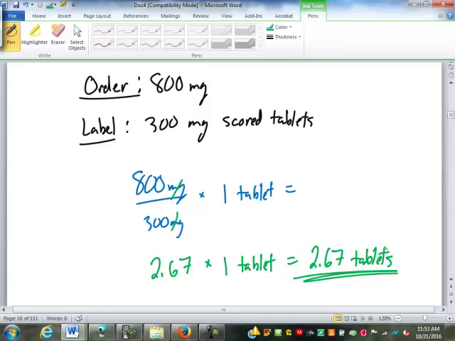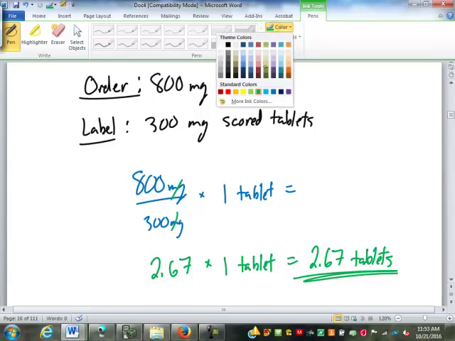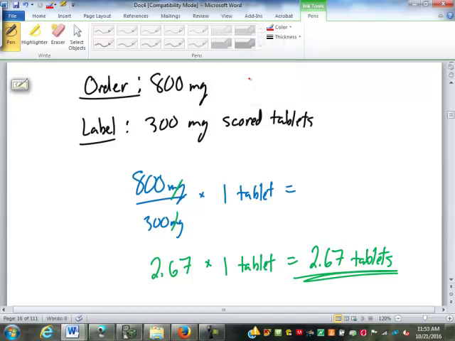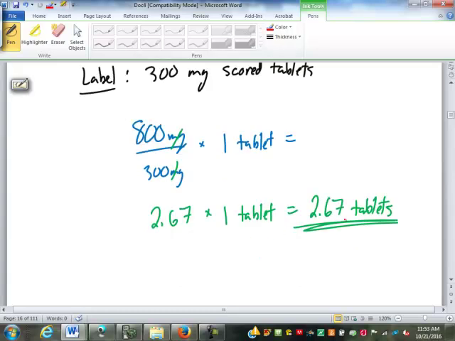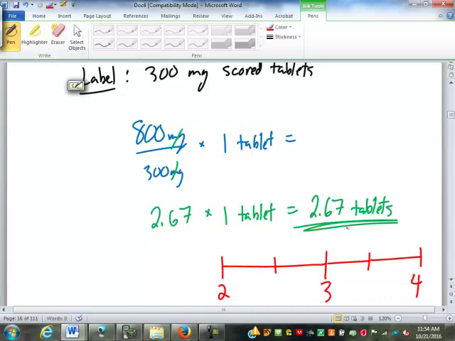Good. Now that we're there, these are scored tablets, which means we can go to the nearest half a tablet. So looking at this, if we are told it's okay to round it to the nearest half tablet, 2, 3, or 4, what are we closest to here?